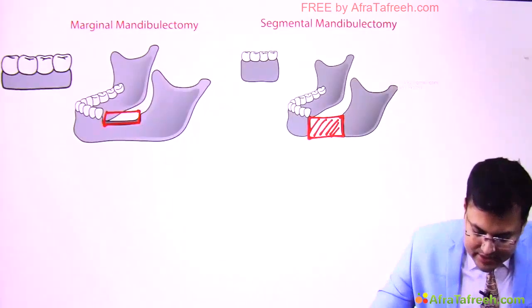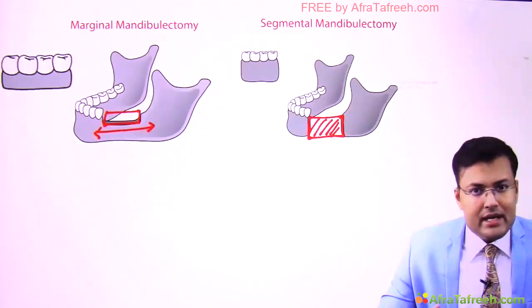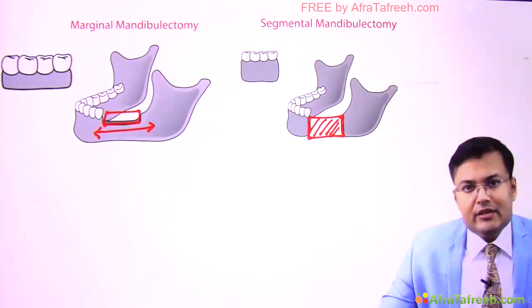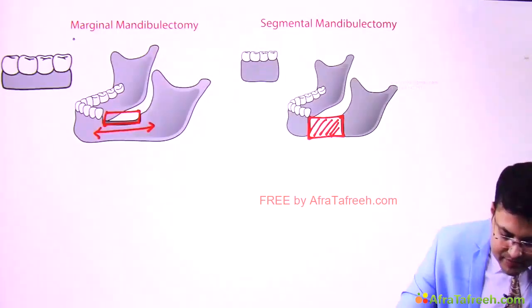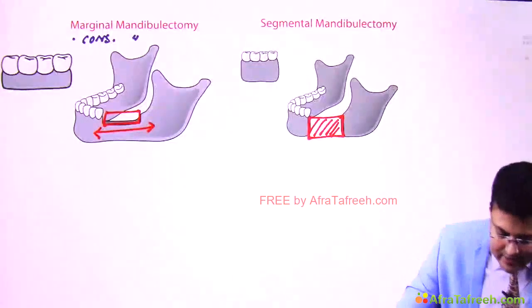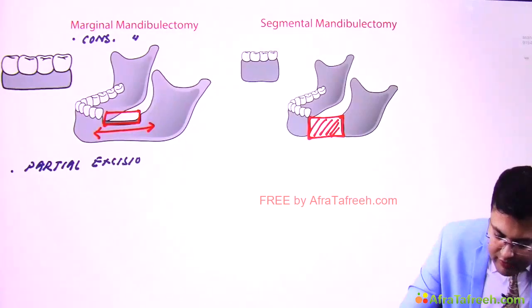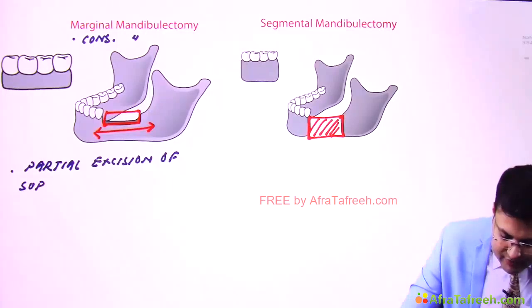Now in marginal mandibulectomy, the continuity of mandible is maintained, and that's why it is also known as conservative mandibulectomy. Okay, so what's the other name of marginal mandibulectomy? It's also known as conservative mandibulectomy. And here there is partial excision of which portion of mandible?